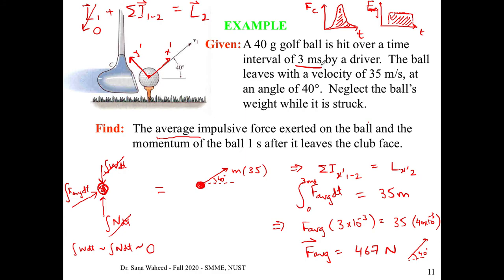So the force acts only for 3 milliseconds. After that the force is no longer acting on it. Let me go over this, because I have made certain assumptions, assuming the force is acting for such a short time.